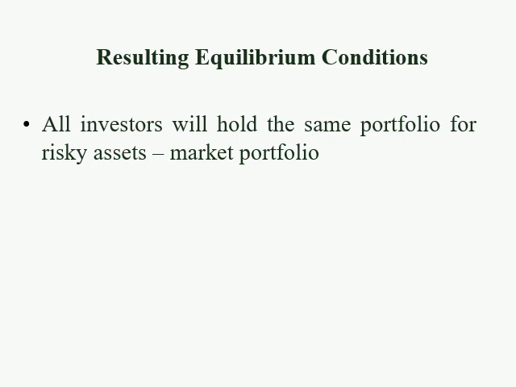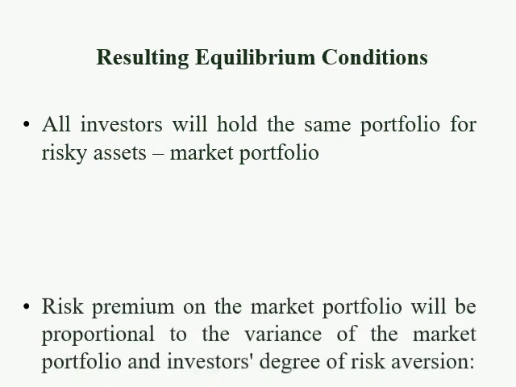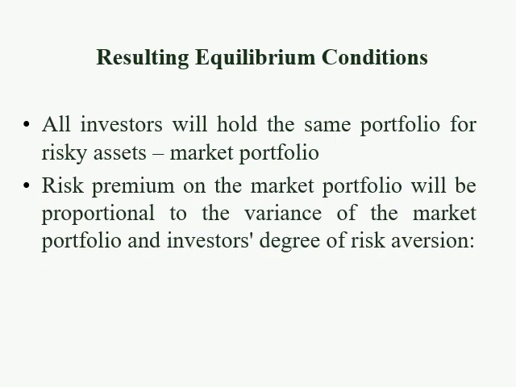The risk premium on the market portfolio will be proportional to the variance of the market portfolio and investors' degree of risk aversion. The risk premium on the market portfolio will be determined based on the variance of the market portfolio and the degree of risk aversion of each investor.